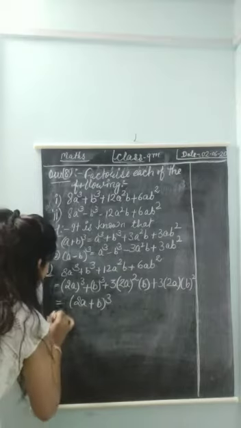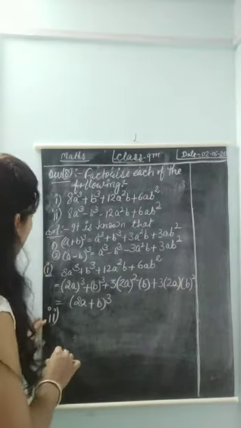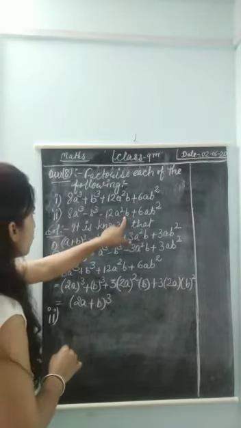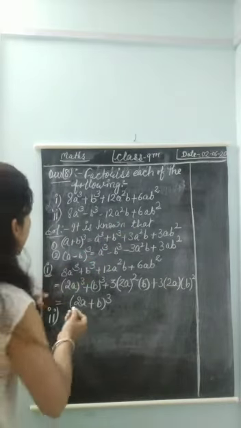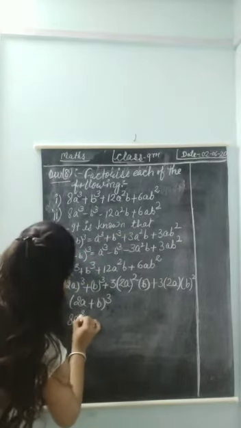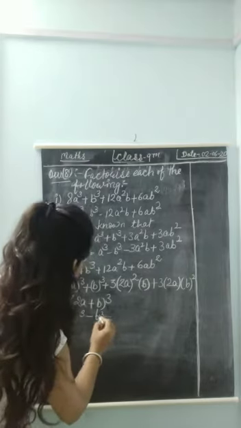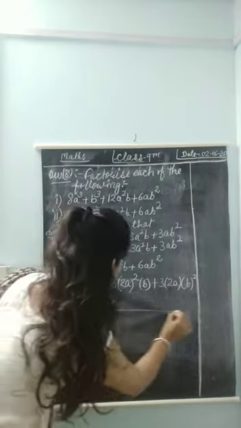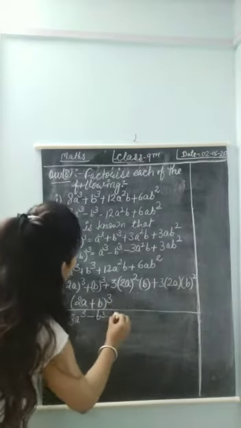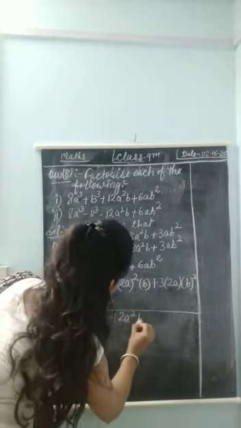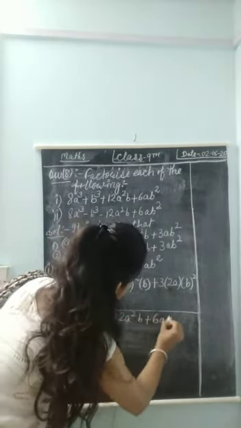Now second part, this one, and we have to use the second identity: 8a cube minus b cube minus 12a square b plus 6ab square.